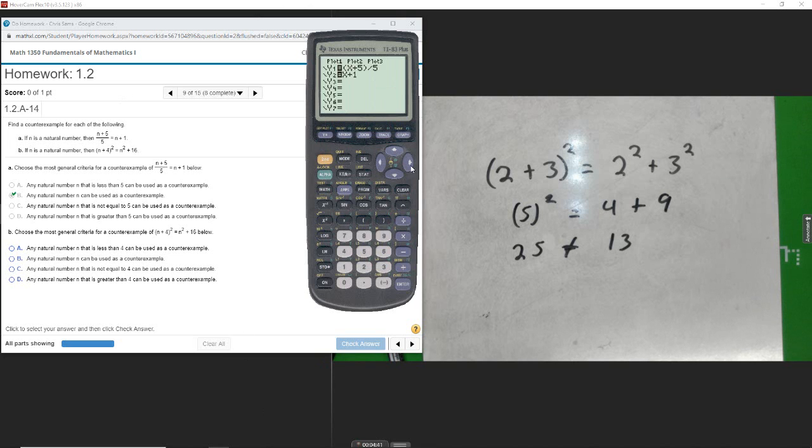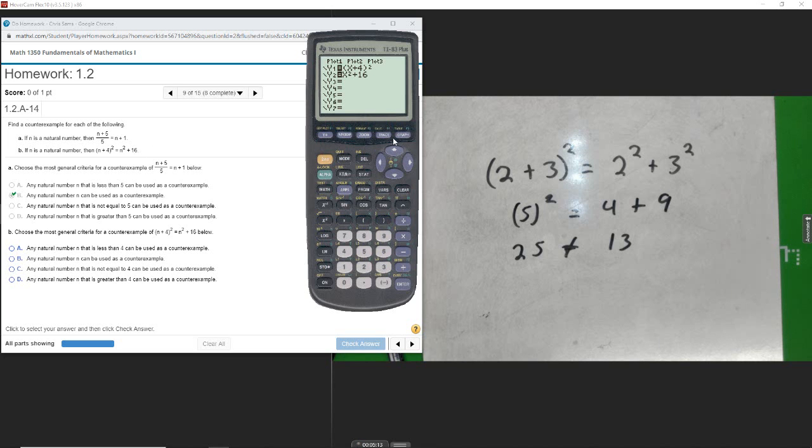Let me go to y equal. I'm going to clear this out and clear this out just so you can see furthermore. In parentheses, we're going to do x plus 4 and then square it, and then in the second equation, we're going to do x squared plus 16. So x will be changing different numbers.